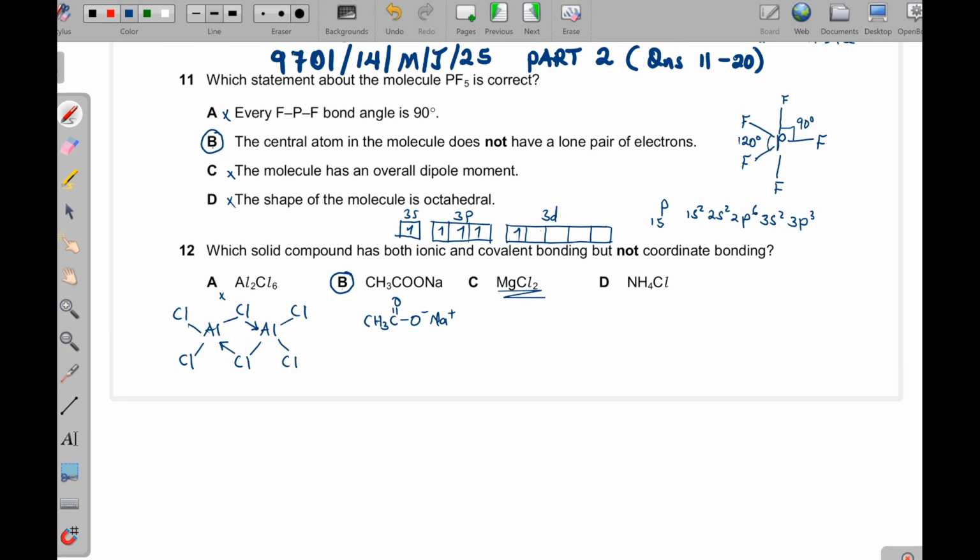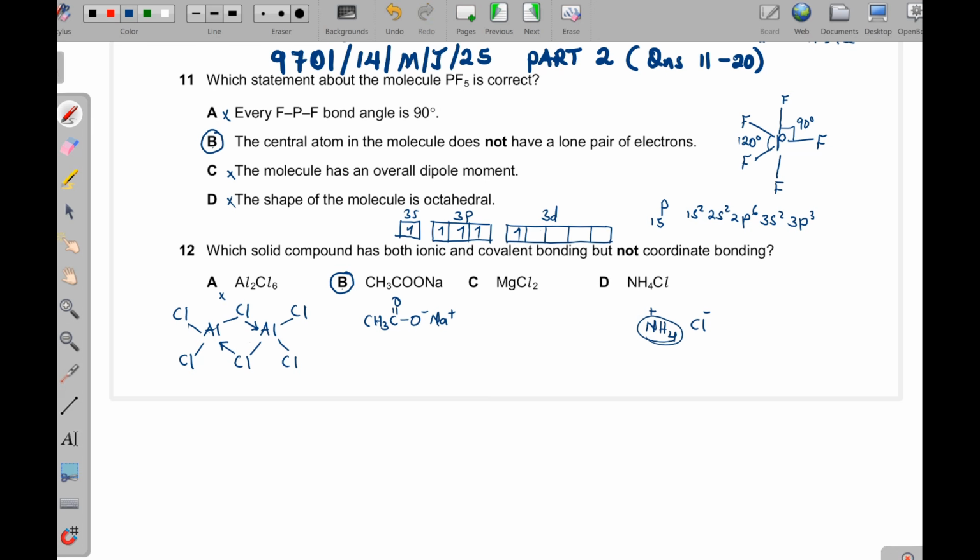When I come to this one, this is strictly ionic bonding. When I come to this one, ammonium chloride, ammonium as an ion, and this is the chloride. So these are 2 ions, that is ionic bonding.